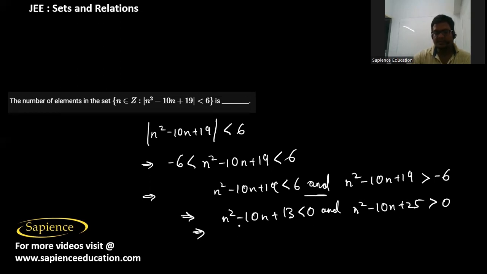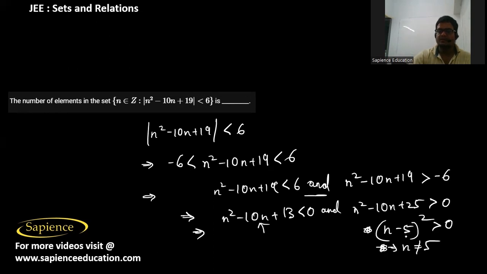Here actually this will be (n - 5)² greater than 0, which will be obviously more than 0 only. It means that n should not be equal to 5. So except 5, any number if you take, it will be greater than 0 only. So here n belongs to Z minus {5}, since it is told n should belong to Z.